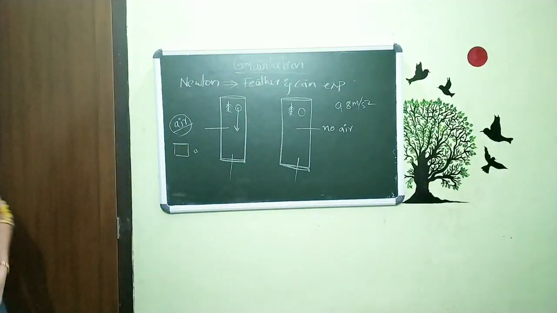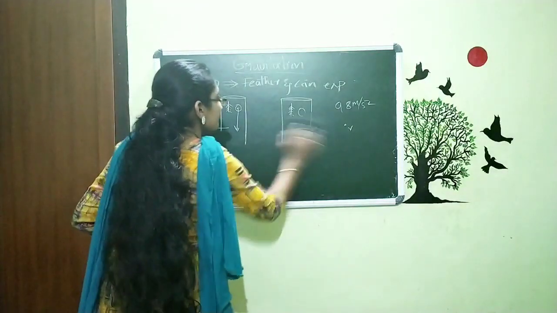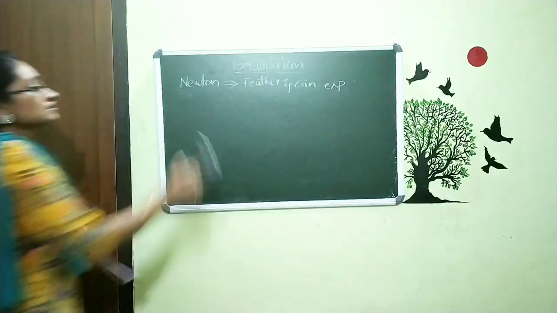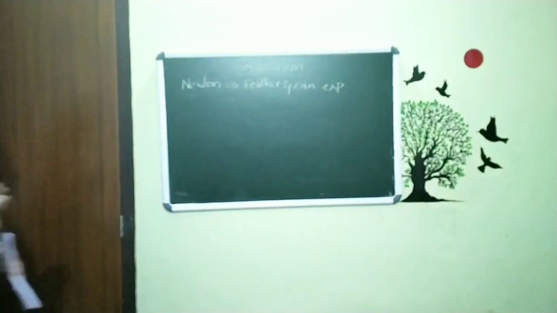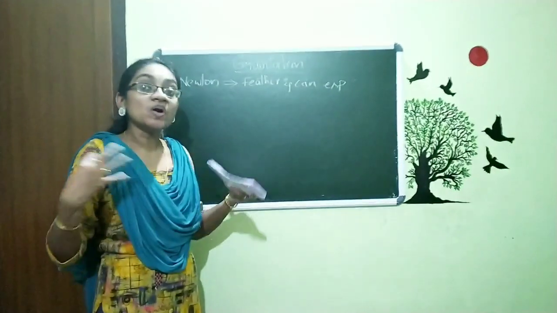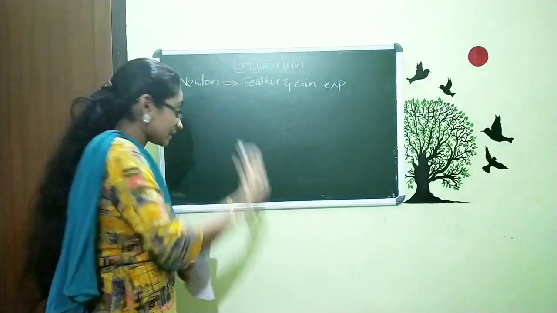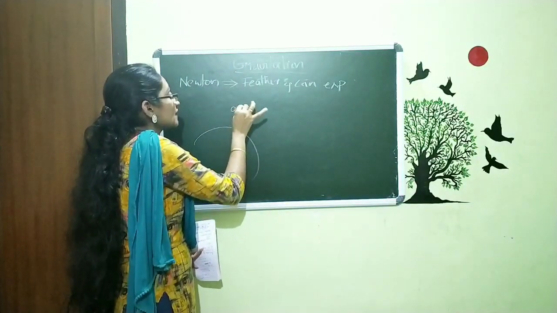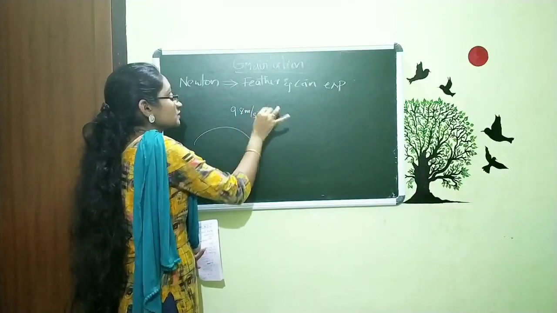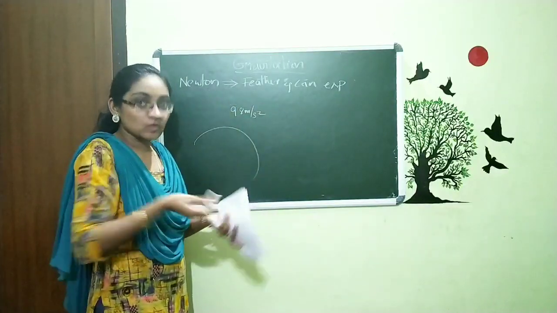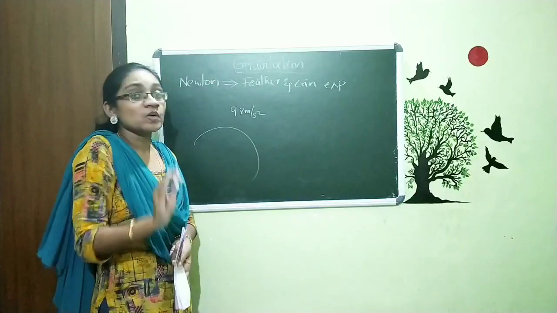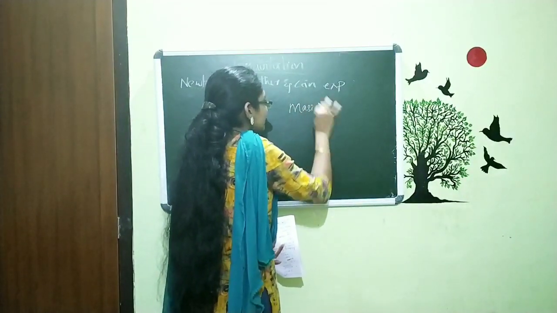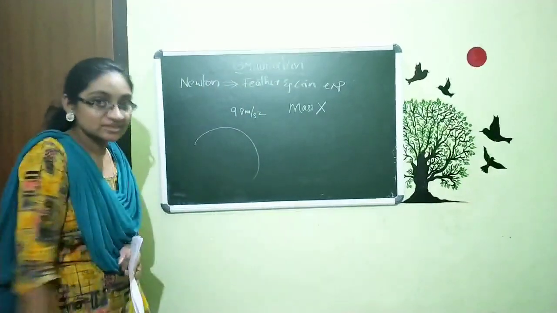So we are concluding this as, when we are negligibly avoiding the resistance of air and all, then all the objects will come towards Earth with an acceleration of 9.8 meter per second square. Even if it's an elephant or an ant, there is no relation with the mass.